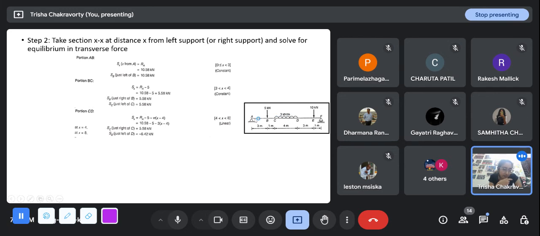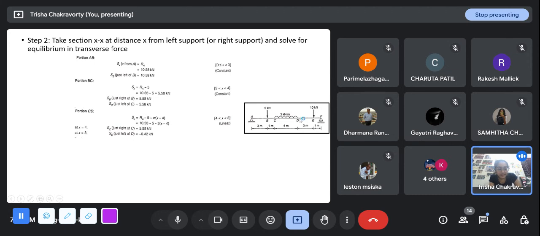There was no uniformly distributed load in the first 4 meters, so that is useless to me, but the total length is x. So x minus 4 is the amount of uniformly distributed load I have encountered so far, and the intensity W is 3 kilonewton per meter. So Sx is Ra minus 5 minus W into x minus 4. So this is an equation.